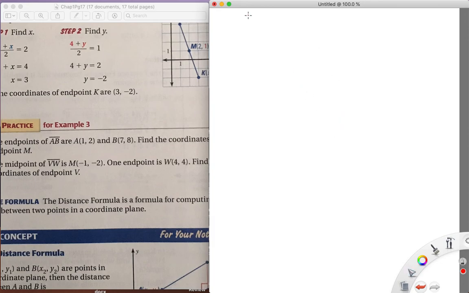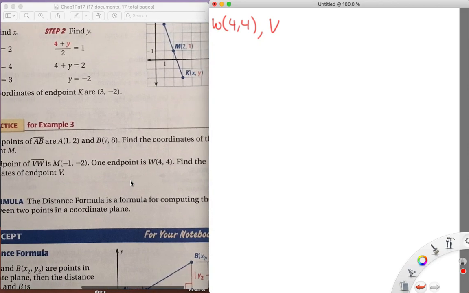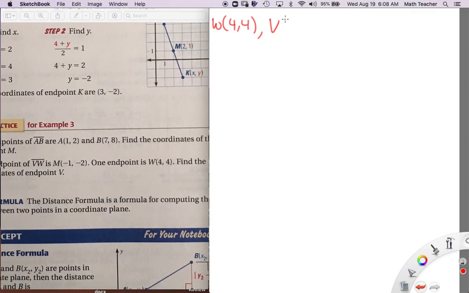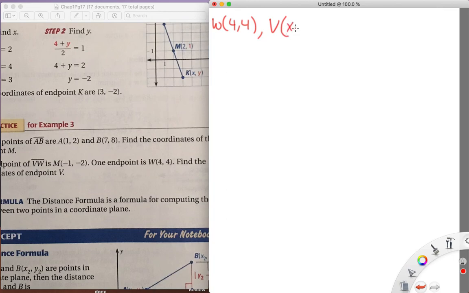When they give you a midpoint and an endpoint, it's a little bit more complicated, but the same thing applies. So in this case, they give me a segment VW. They give me that W is 4 and 4, and they give me that V is, we don't know what V is. That's what we're looking for. So we'll call V X and Y because that's what we're looking for.